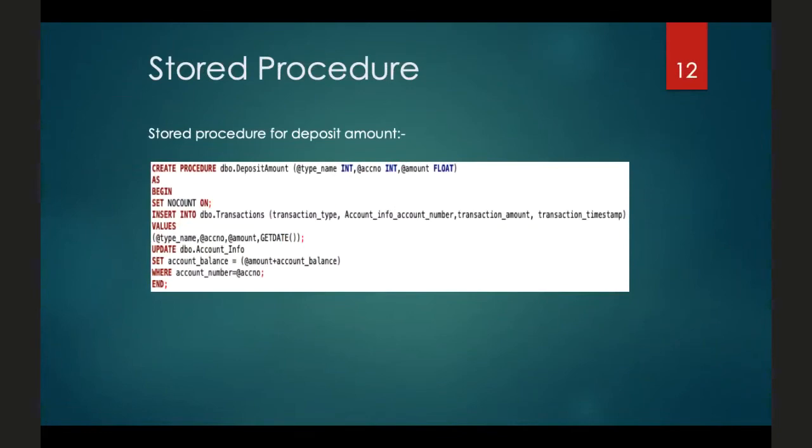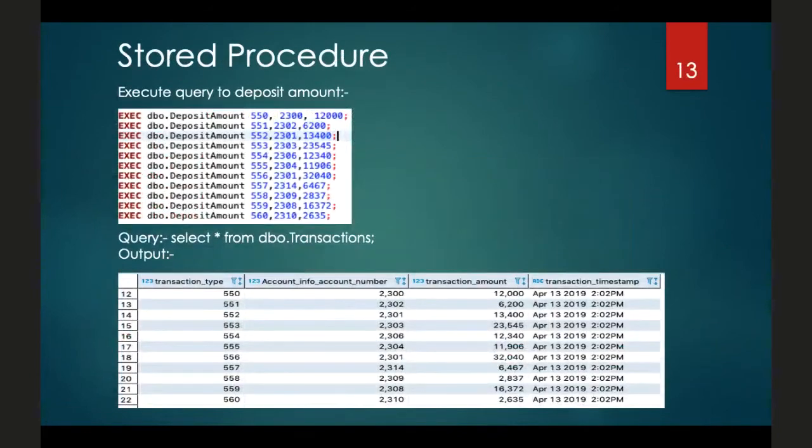After executing these queries, as you can see, there are many account numbers for which you are depositing some amount, and that is executed in the above query. You can see the output of the transactions, whatever transactions happened. For example, if we take account number 2300, you are depositing 12,000, and that is noted in the transactions table.